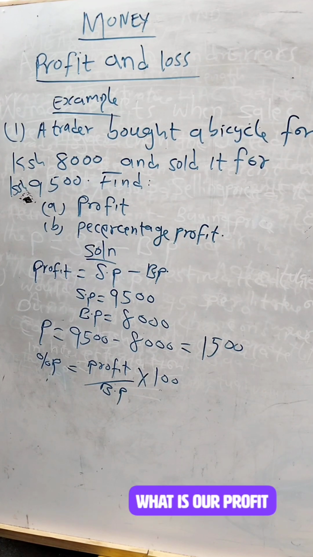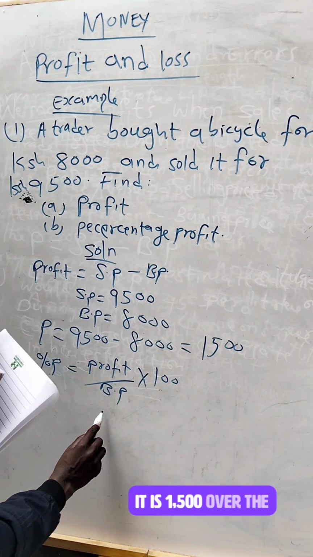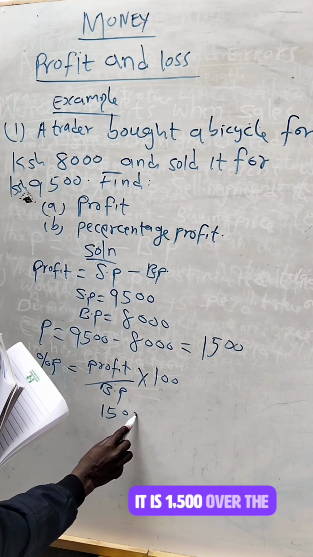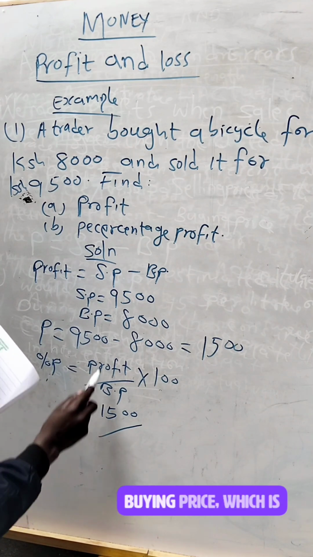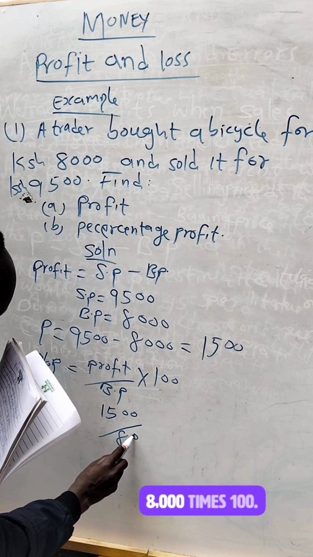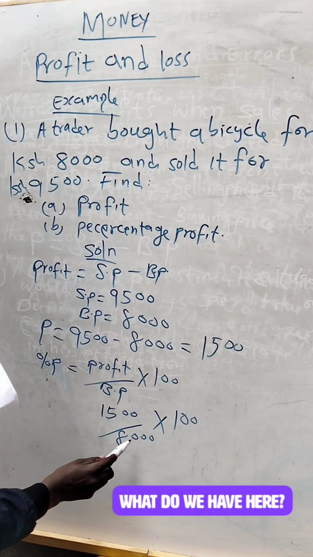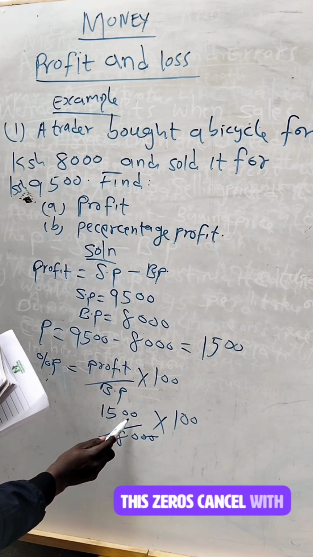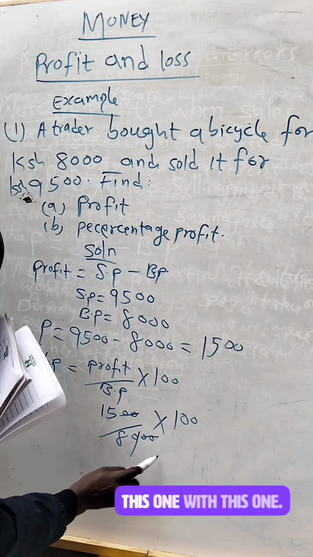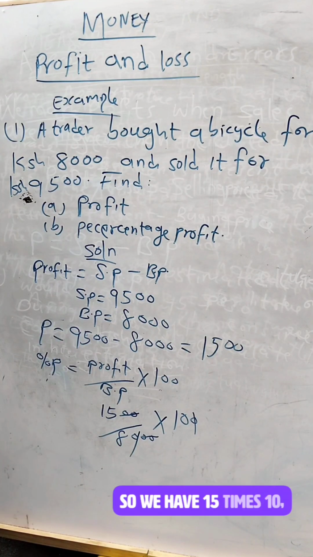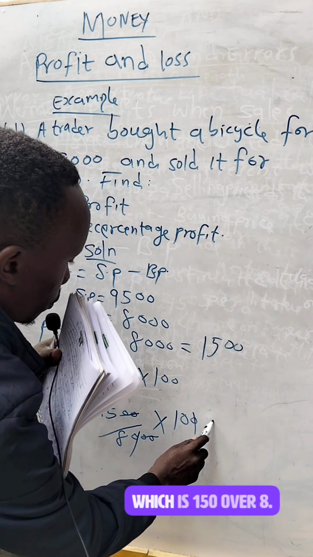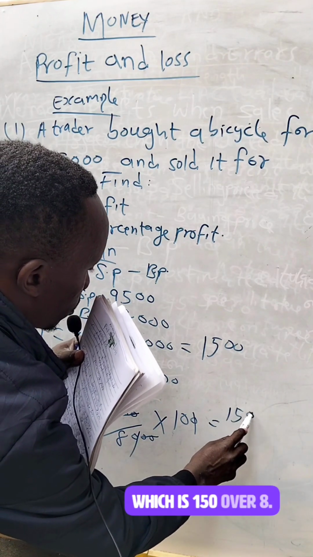What is our profit there? It is 1,500 over the buying price, which is 80,000, times 100. What do we have here? These zeros cancel. So we have 15 times 10, which is 150 over 8.